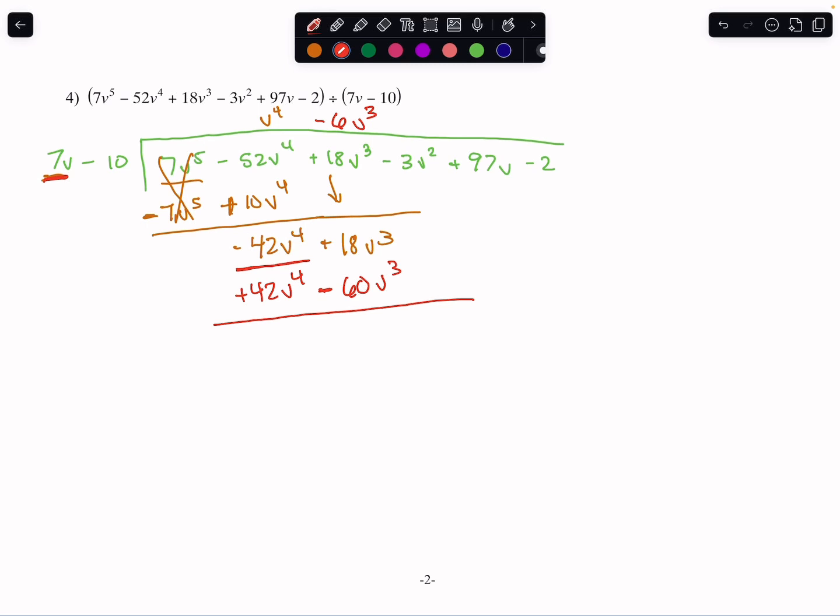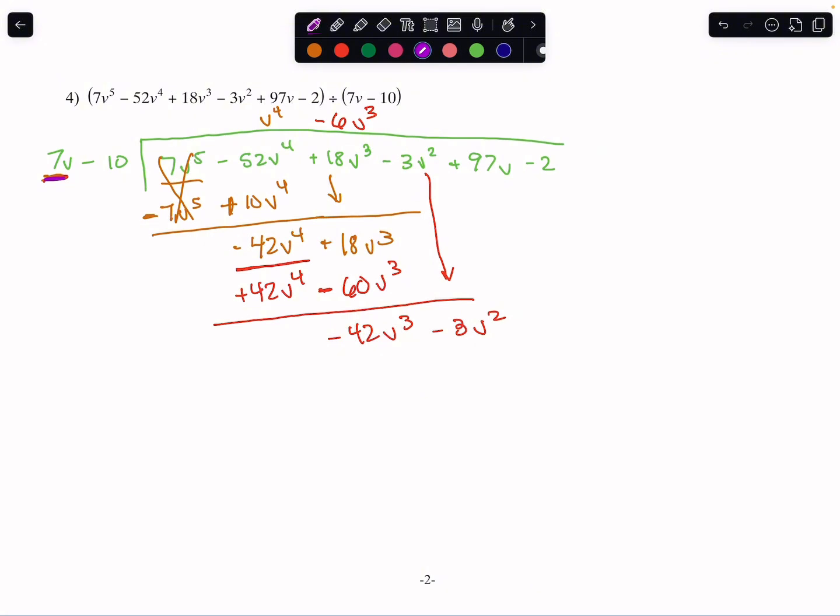Drop down this negative 3v squared. Now I got to do this negative 7 to get into this. Negative 7 times what is negative 42? That's going to be a negative 6 again. And we're going to end up with v squared. Negative 6v squared times 7 is negative 42v cubed.